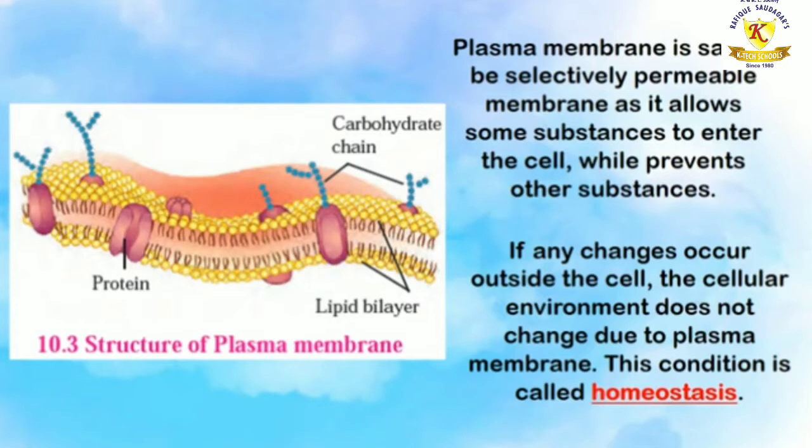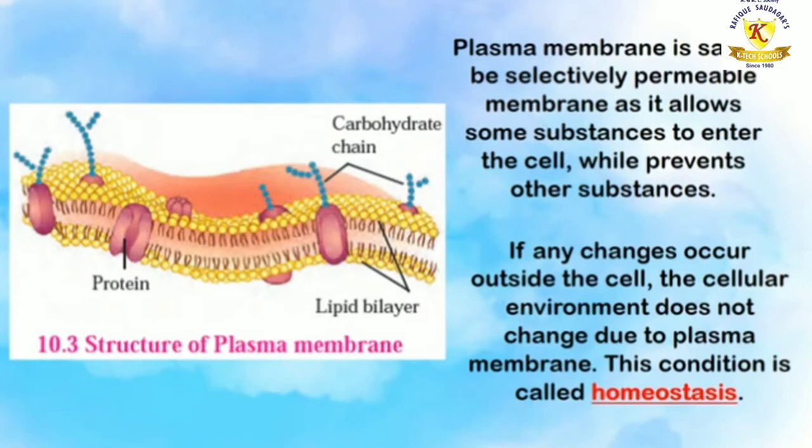The plasma membrane is said to be a selectively permeable membrane as it allows some substances to enter the cell while preventing other substances. It allows only selective substances to enter through the permeable membrane.